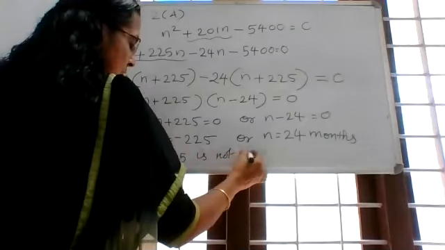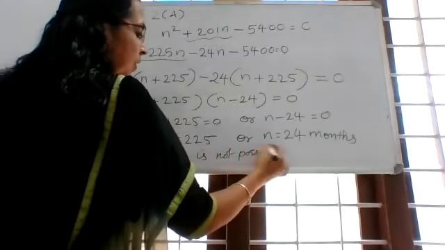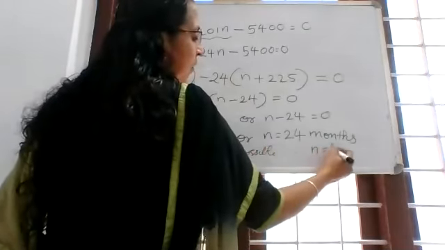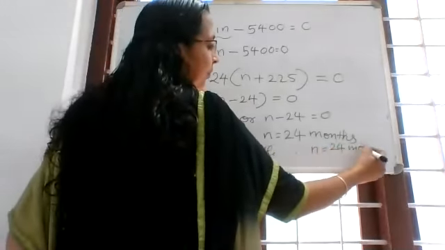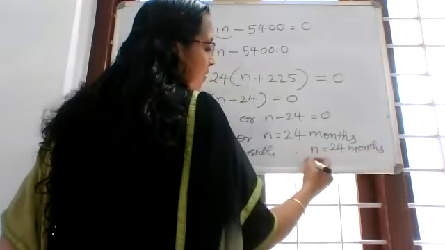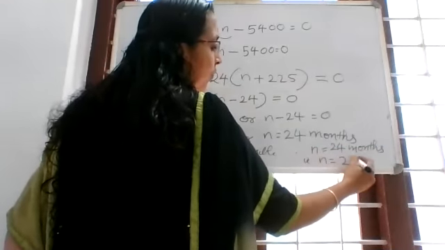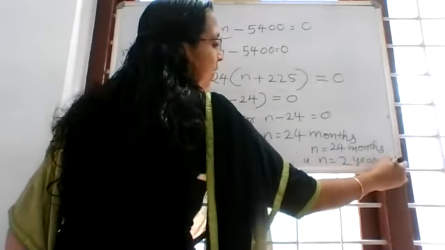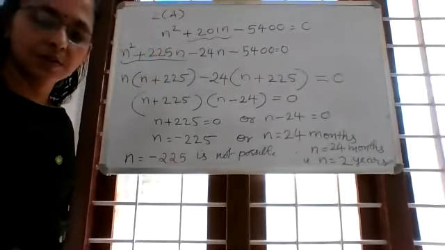So n is equal to 24 months, that is 2 years. So n is equal to 2 years.